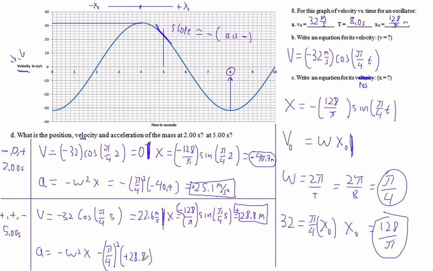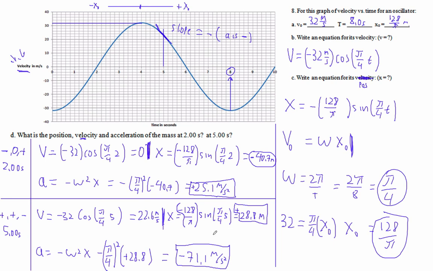I'm taking the number on my calculator, times the opposite of parentheses pi divided by 2, and then square that quantity. And I get negative 71 meters per second squared. Do we get that right? I think so. Let's just double check.